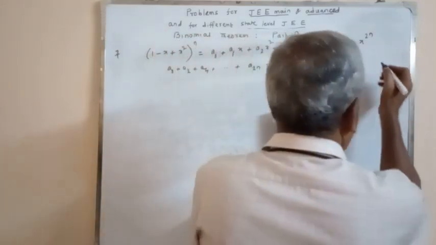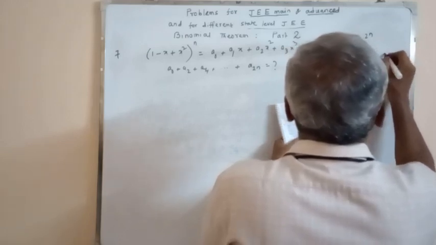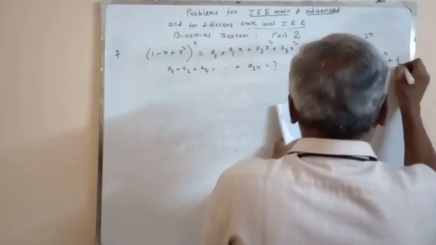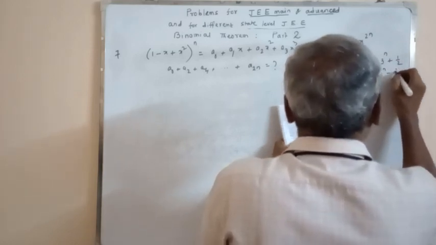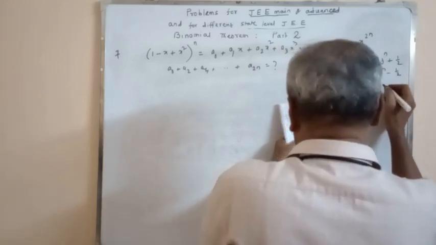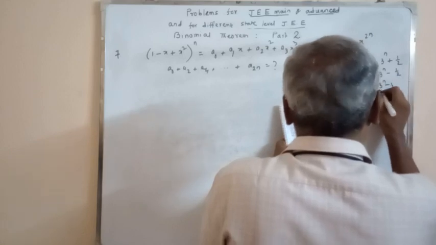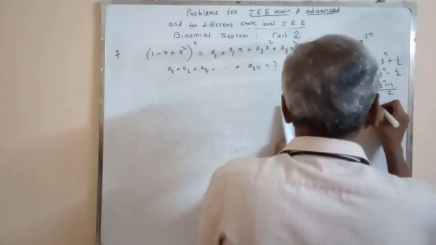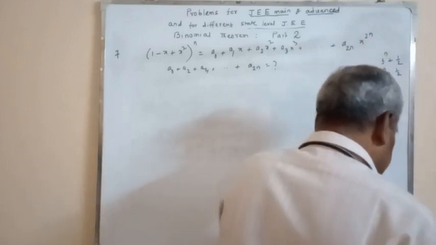Options: 3 to the power n plus half, 3 to the power n minus half, 3 to the power n minus 1 by 2, and 3 to the power n plus 1 by 2. These are the options.